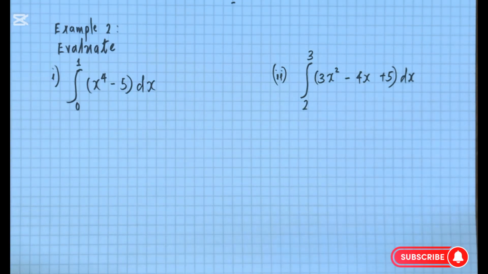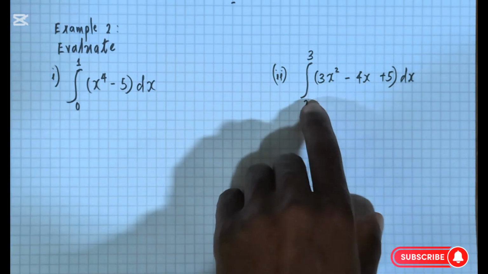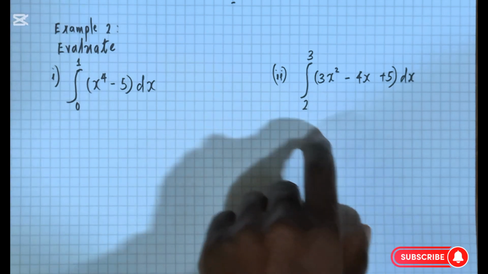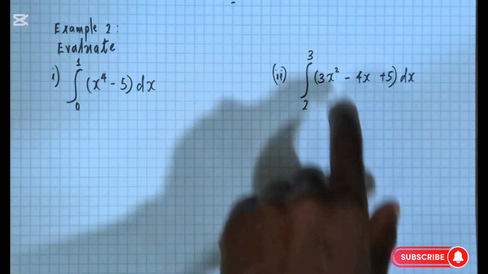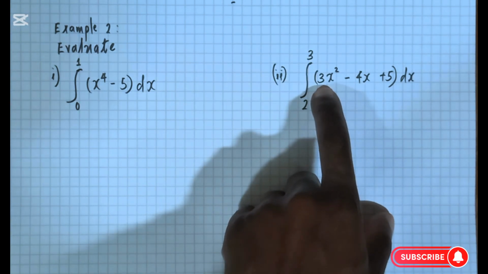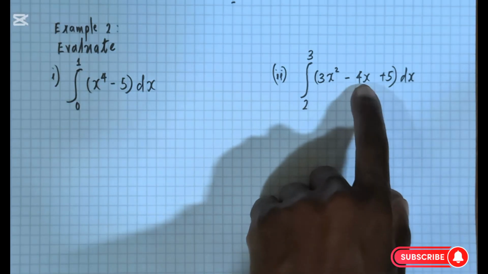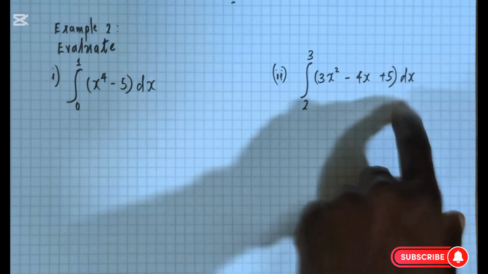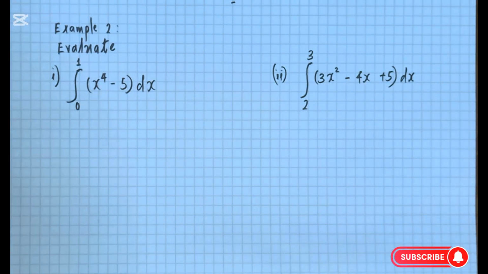And so in the second example, we have another problem again where we're supposed to integrate from limits 2 to 3 of 3x cubed minus 4x plus 5 with respect to x.